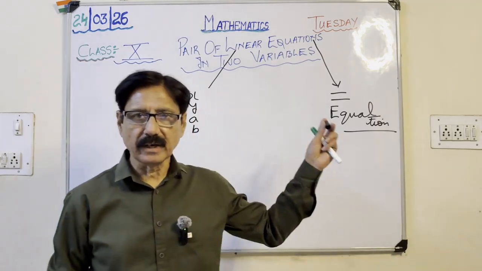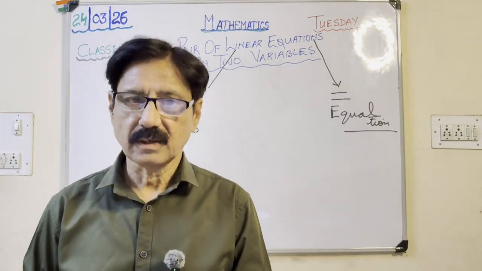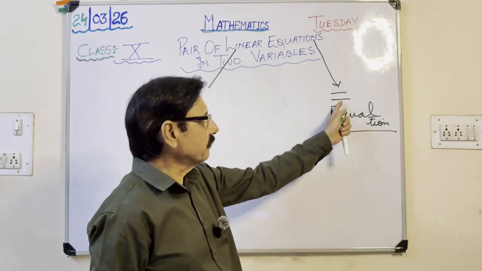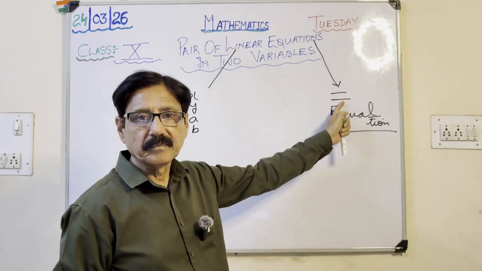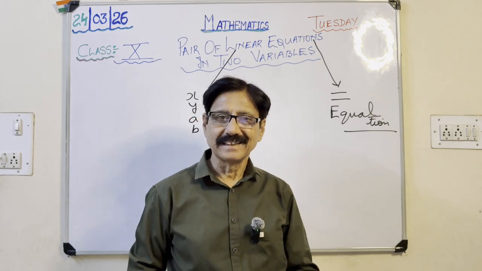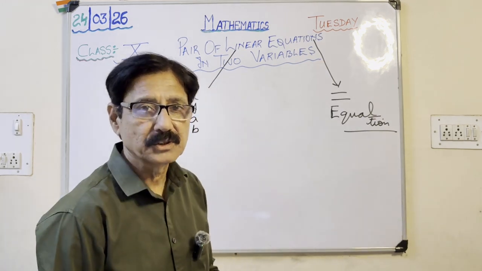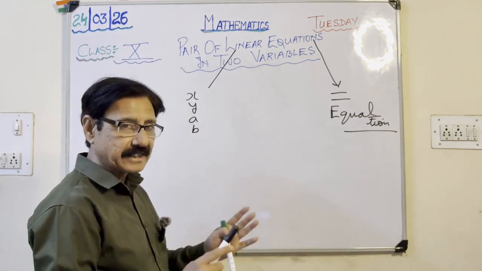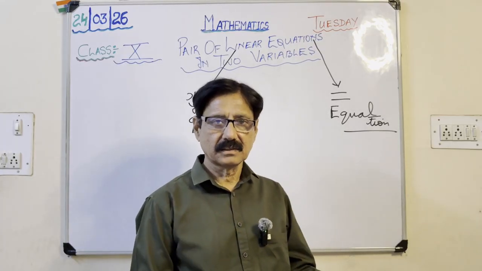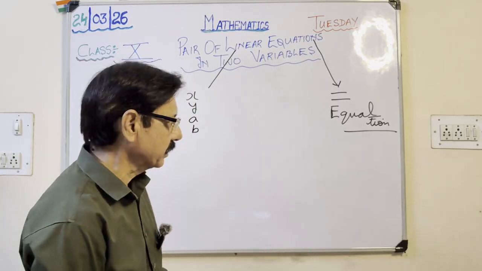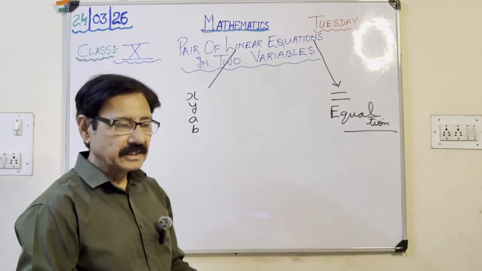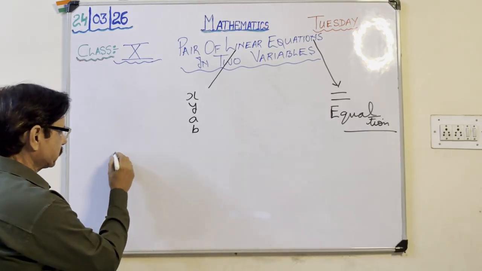The most important part for an equation is that you must have the equals to sign between two different algebraic expressions, and that is the basic difference between an algebraic expression and an equation. The simplest definition you have done in junior classes is that the equation is two algebraic expressions.